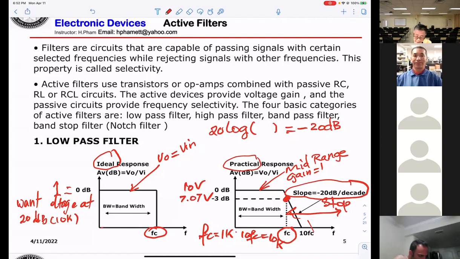So if 20 log of 1, what do you get? If number 1, zero.